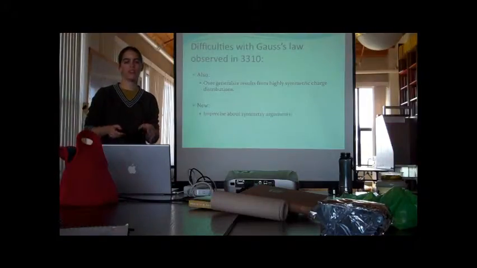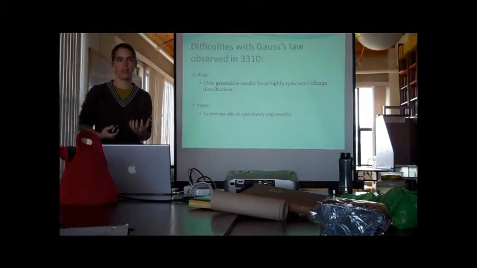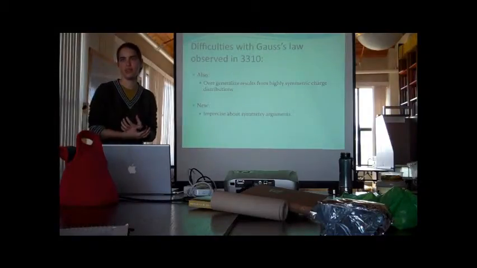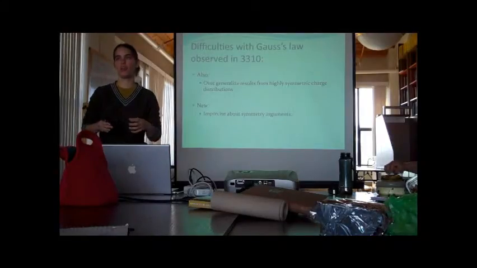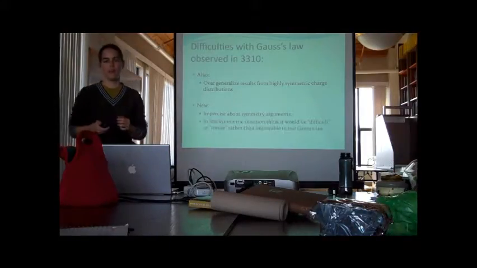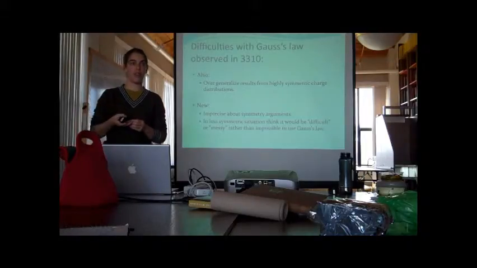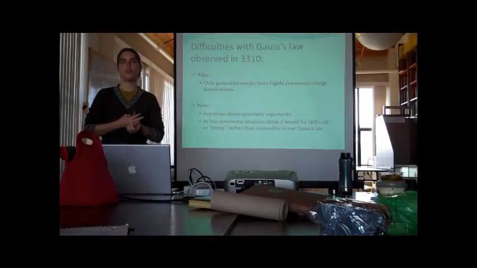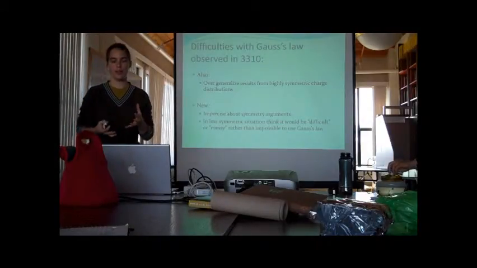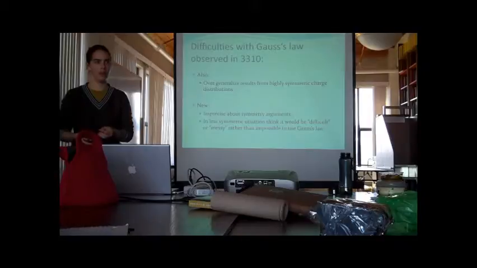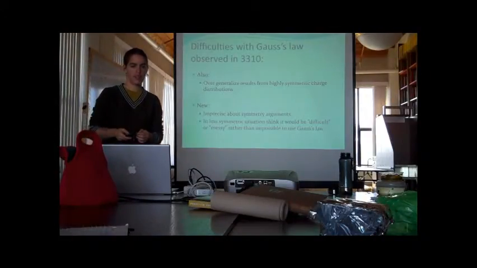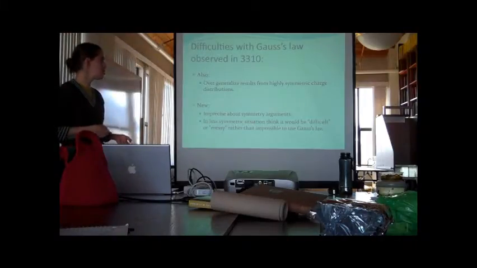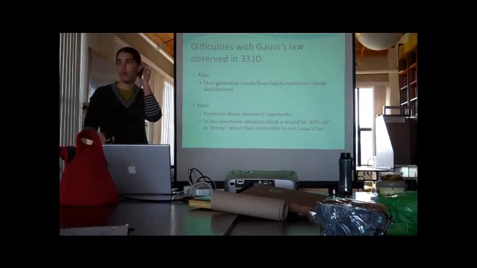Students were also very imprecise about symmetry arguments, saying shorthand, 'we're using Gauss's law by symmetry.' And in less symmetric situations, students think it would be difficult and messy, but possible, when it would actually be impossible. I haven't seen this in the literature, and it seems pretty common with our juniors.